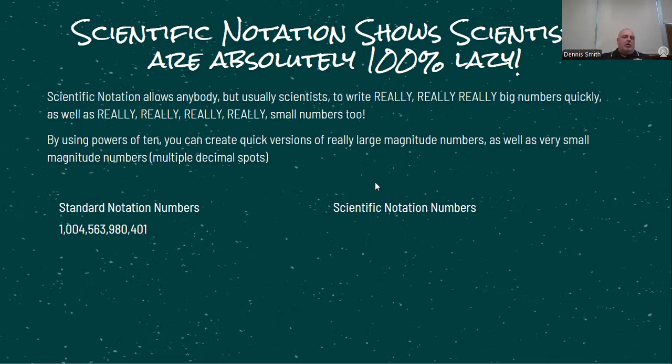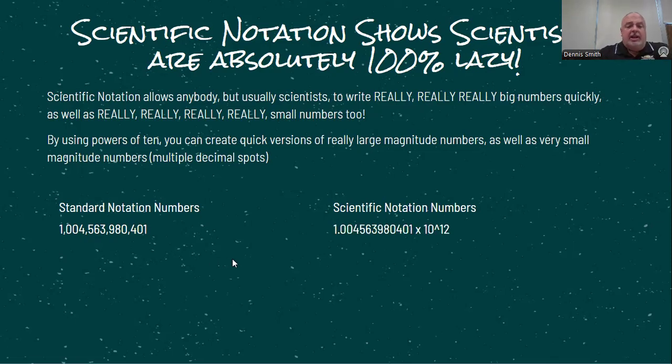So in this case, 1,453,980,401. We can rewrite that in scientific notation by taking the decimal, which would be here at the end, and moving the decimal almost 12 spots between the 1 and the 0. Because all scientific notation coefficients must be between 1.0 and 9.9 for it to be in scientific notation.